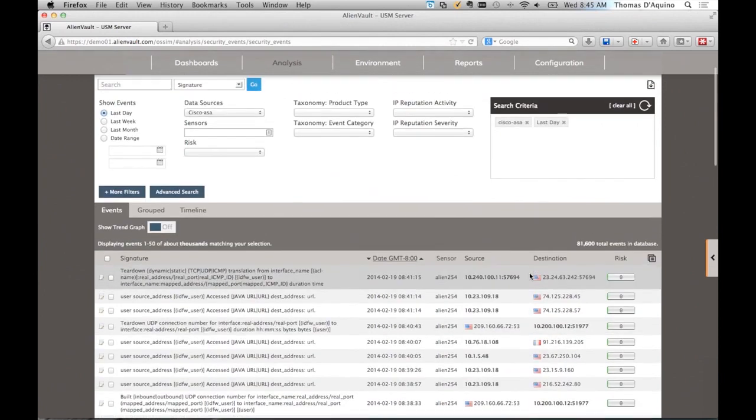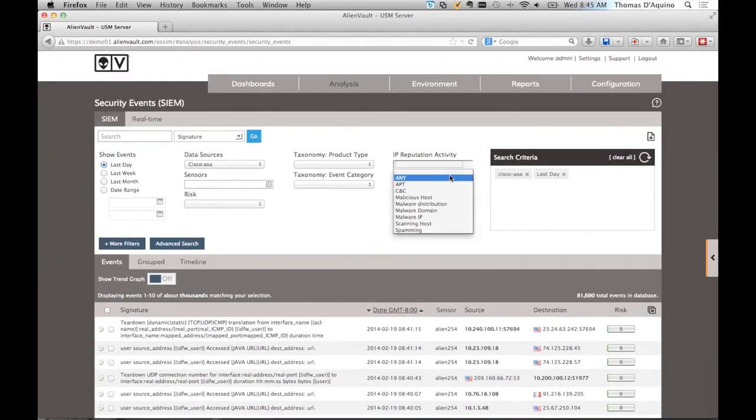But the things that are really interesting, I can drill down to pretty simply just by applying this IP reputation activity filter. And when we put that in place, basically what the AlienVault system does is it compares the IP reputation database from our Open Threat Exchange with the firewall events that we've received inside our network, and you can see really quickly here that we've got some interesting issues reflected by this.